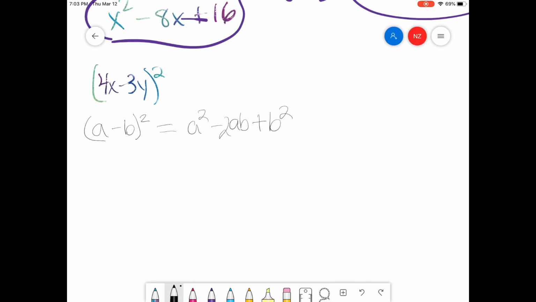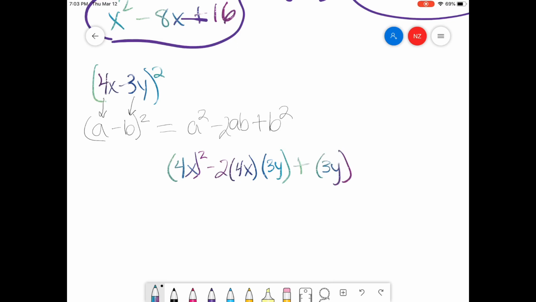Okay, so I know in this case 4x is a and 3y is b. If I put them into their corresponding spots, don't forget to use parentheses because you have two items that you're squaring here, 4 and x. Minus 2 times 4x, and then b is 3y plus the 3y squared.